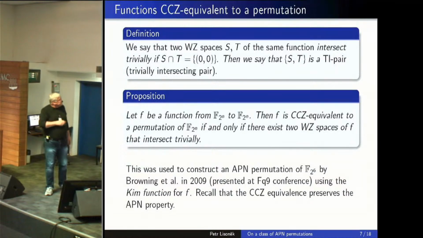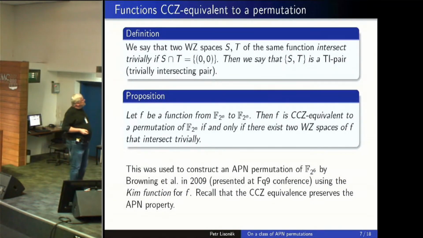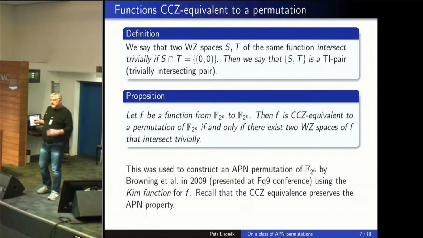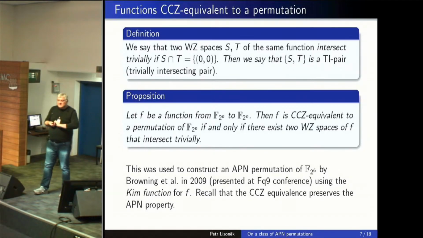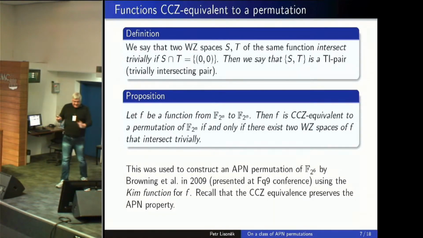They're important for the reason of the second proposition on this slide. The first definition is just what you would expect: if you have two such WZ spaces and they intersect only at the origin, you call them a trivially intersecting, or TI, pair of functions.